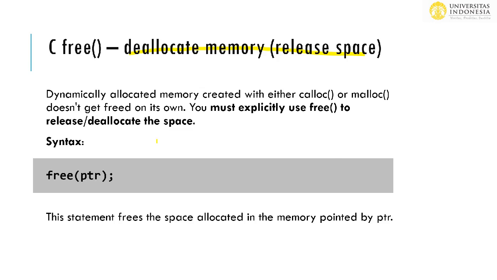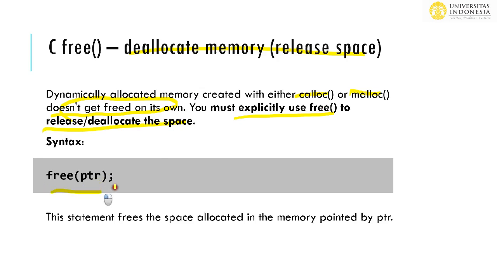All of the memory allocations created with malloc or calloc do not get freed on their own. Even if you run the program, it still exists in memory. So you must explicitly use the free command to release or deallocate the space.